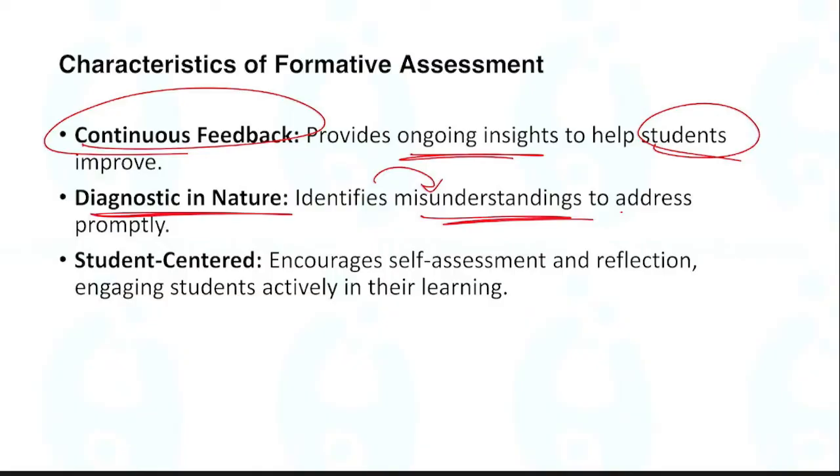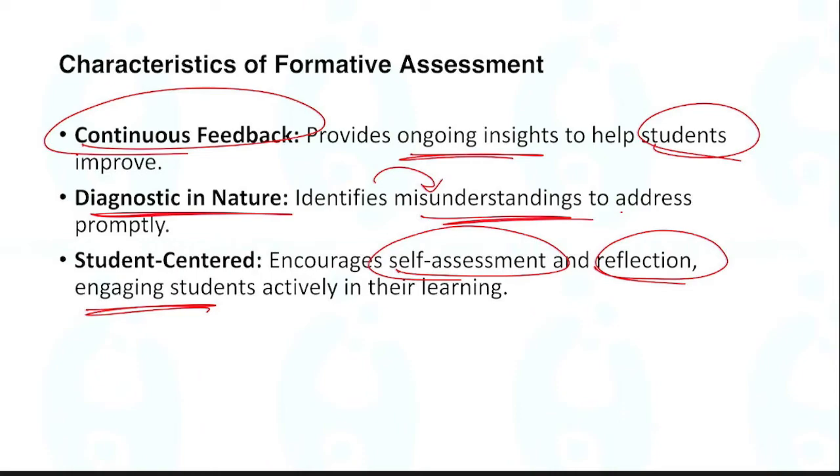Next is student centered, right? Formative assessments are always student centered, because the student is getting the benefit from it. They will be able to understand their knowledge, monitor their own knowledge, and reflect upon their actions. Similarly, it encourages self-assessment, encourages reflection, and because questions are asked, the student will engage actively, right?